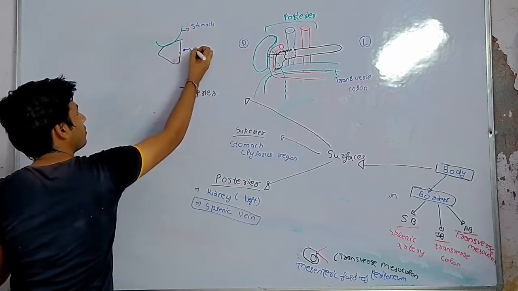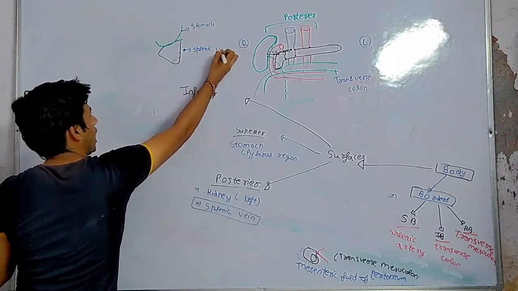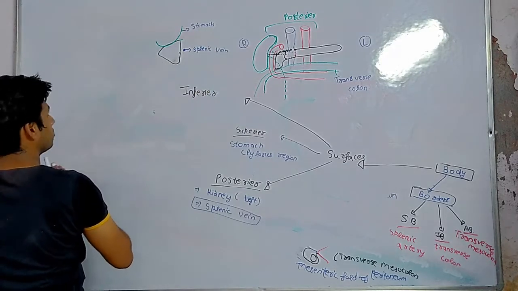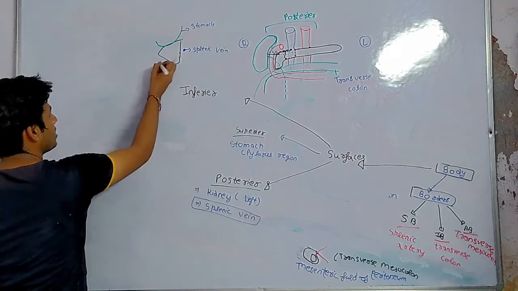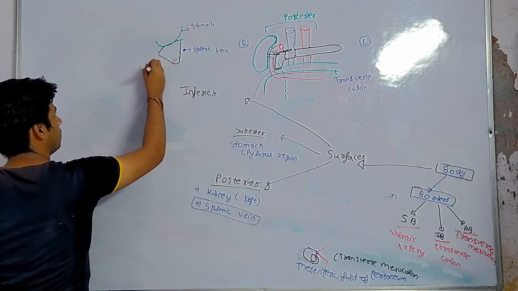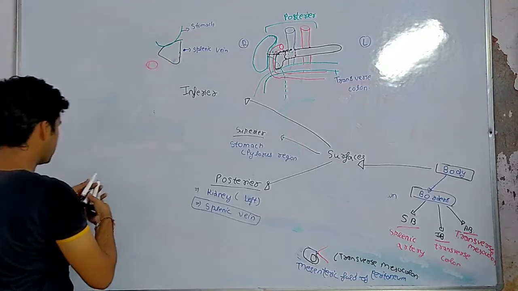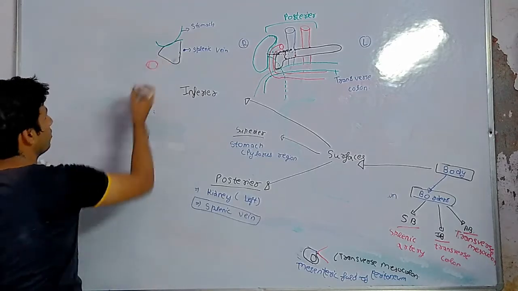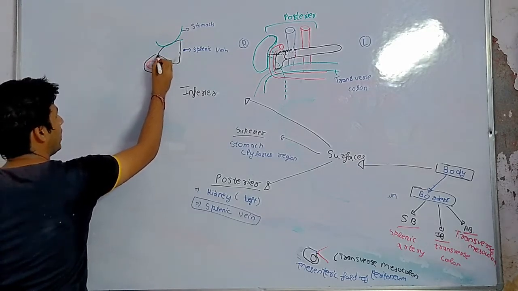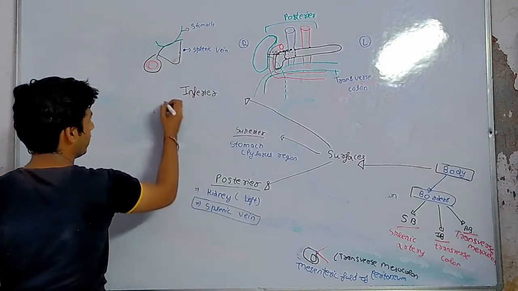This is the splenic vein. And here is the transverse colon present. This is the transverse colon. Done. And its mesentery is attached to the anterior border, like this, but it comes in the inferior relation of the body.